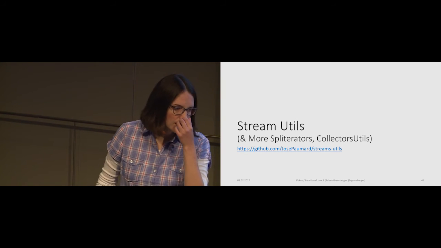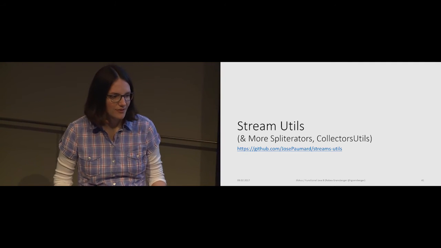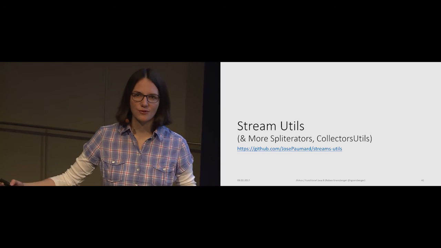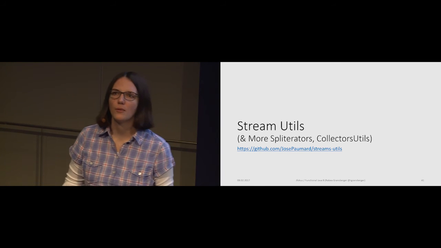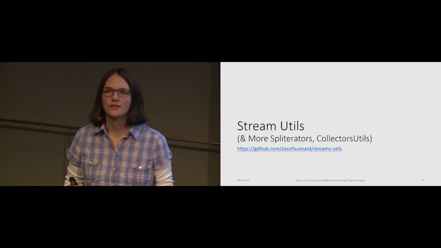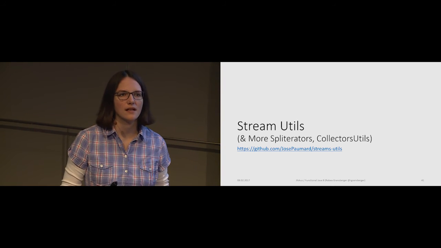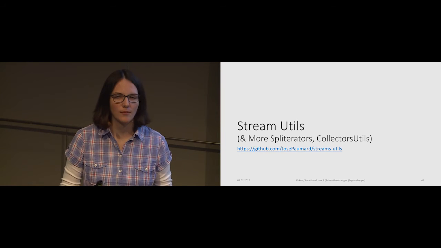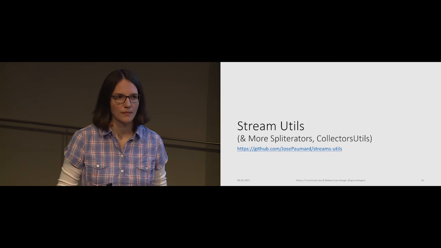So let's go to some more simple stuff, like some more additions to streams. Do you know what is the basics of a stream? The basic class of a stream, where are stream values coming from? So there's always a spliterator in between.